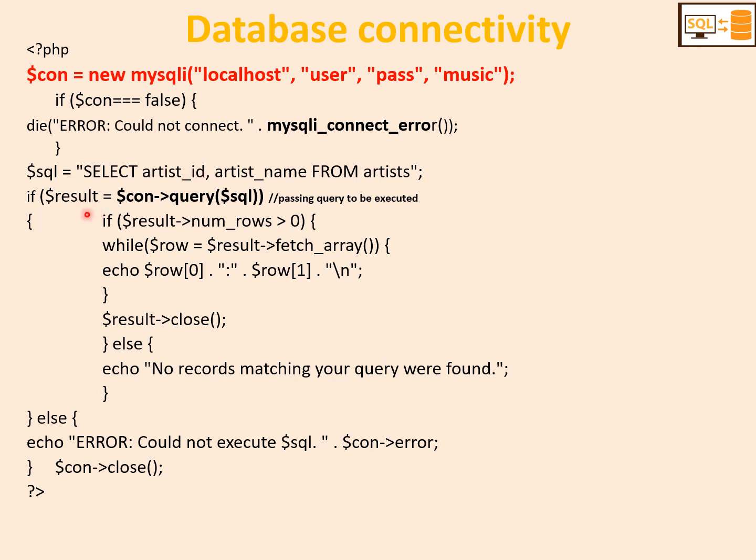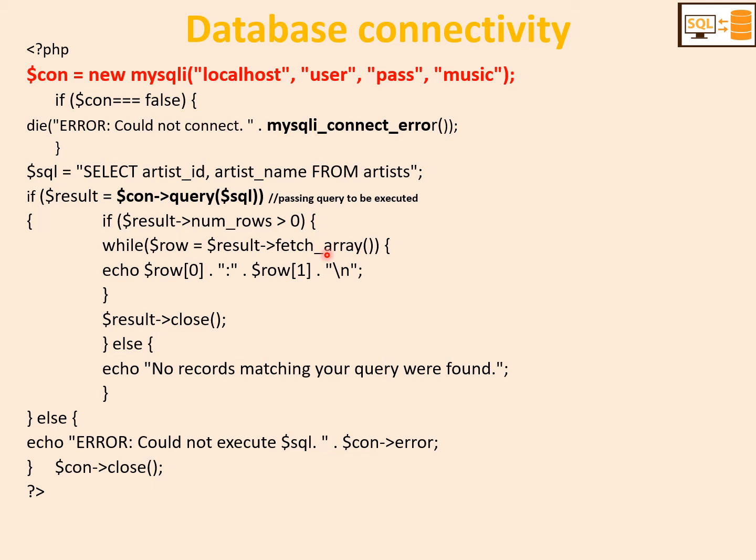The next step is to check whether the result variable has any data. If there is no data, we display no records matching your query. If it has some data, then in order to access the resultant data, we use a loop and the fetch array function to access the data row by row.